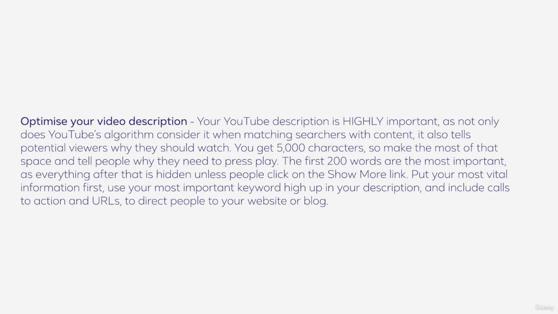The first 200 words are the most important, as everything after that is hidden unless people click on the Show More link. Put your most vital information first. Use your most important keyword high up in your description and include calls to action and URLs to direct people to your website or blog.